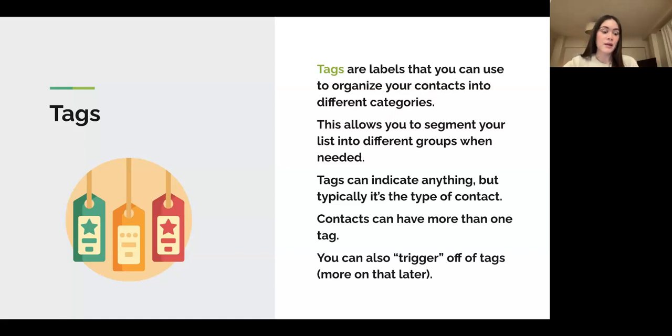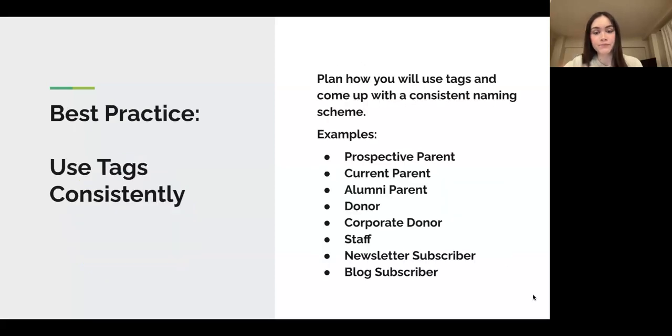So for instance, maybe you have a tag for everyone who's potentially going to enroll in a primary program, or somebody who might be ready for a toddler program, and you can trigger certain campaigns to them. Or somebody who's at a specific stage in the admissions process, you can create a tag for everyone who's already scheduled a tour. So you can decide what kind of tags are helpful for you to utilize.